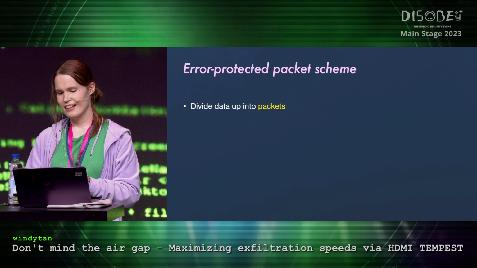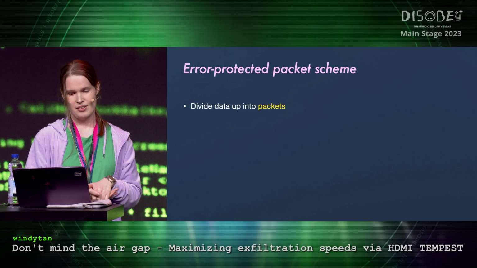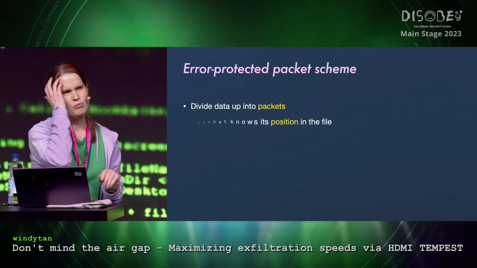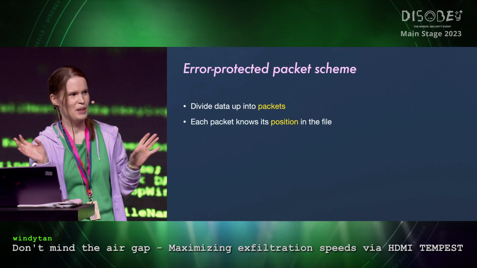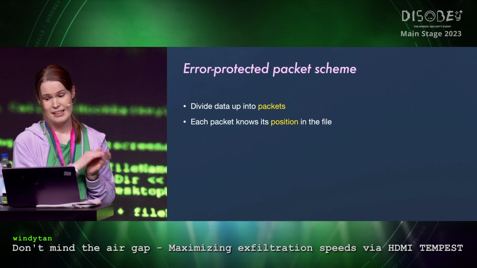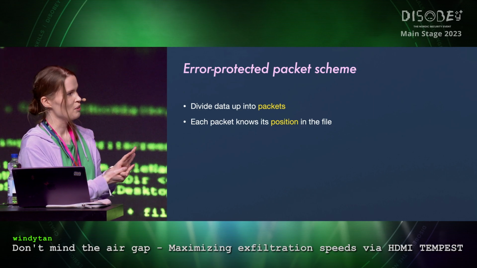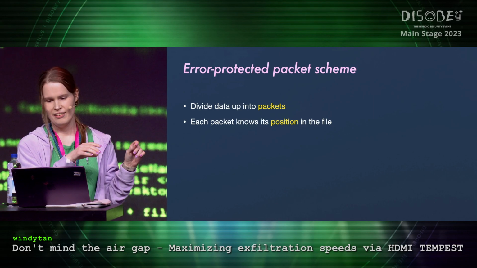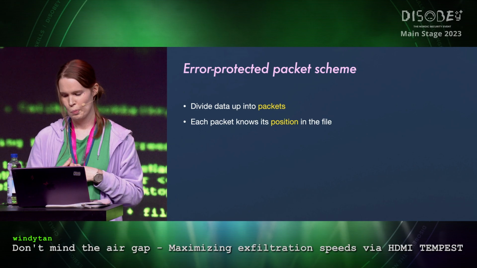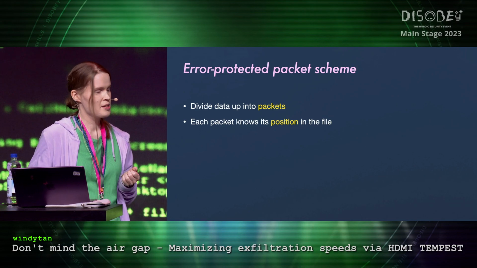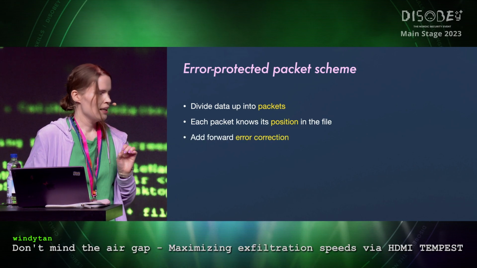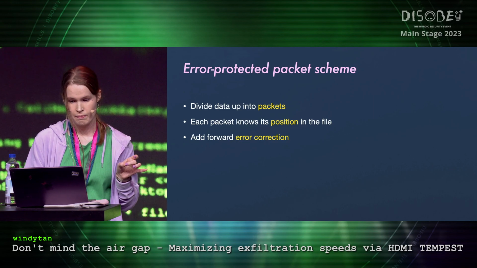Let's divide the data into packets first. We could add some header information to these packets, at least the position in the file, so we know where to put it in the final file that we are sending. And of course, because this is a very noisy connection, we want to add some forward error correction.